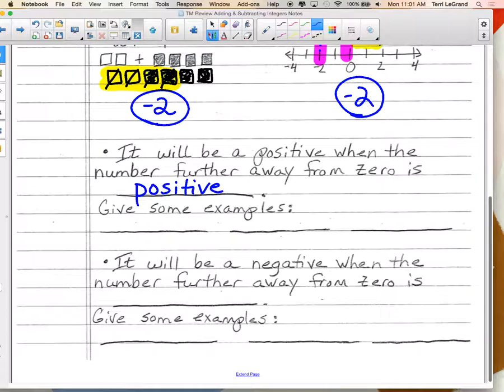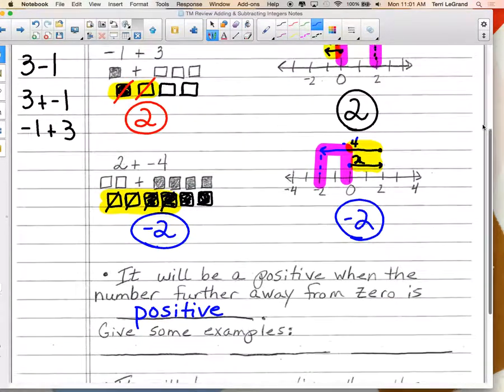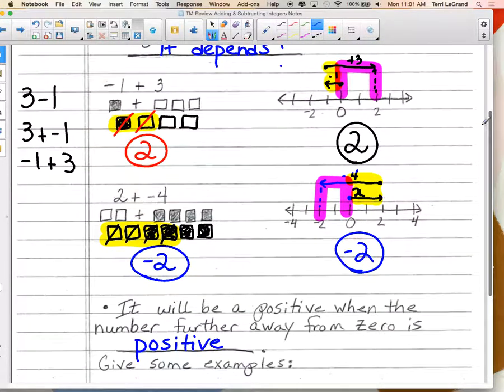So look up here. When we got a positive 2, which of these 2 numbers is further away from 0? The 3 is further away from 0, isn't it? And is the 3 positive? Yes. And we got a positive answer, didn't we? Okay.